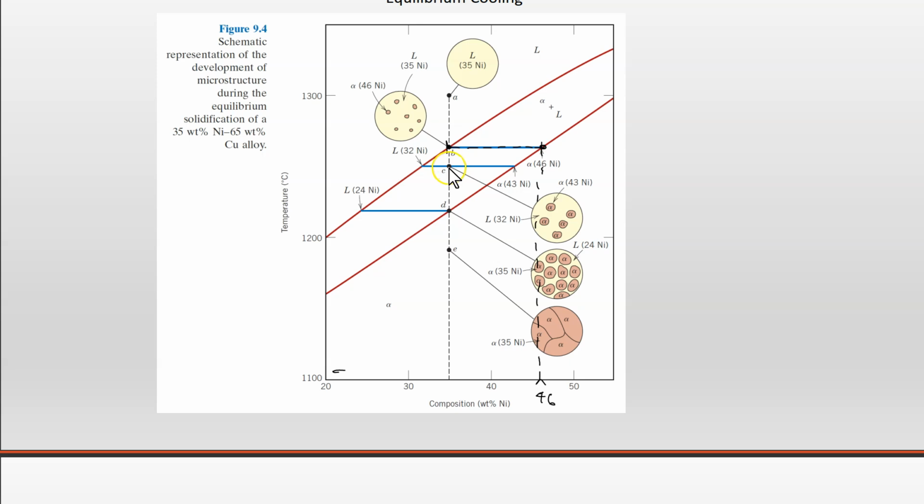Point C is more typical of what we're looking at with what is called a tie line. We have a certain combination of temperature and average composition. That is point C. Notice that point C lies within the alpha and liquid phase field.